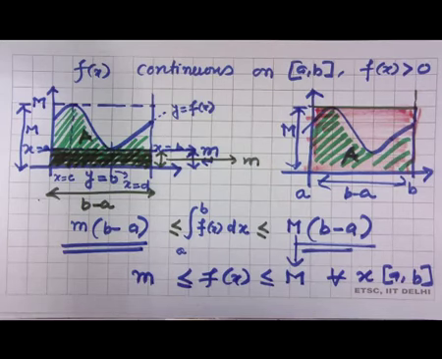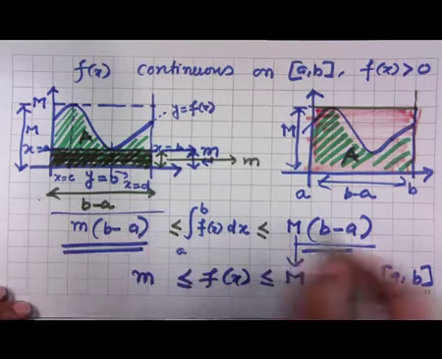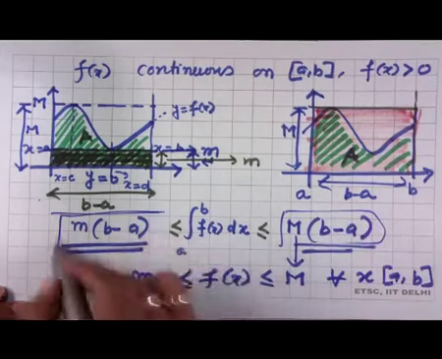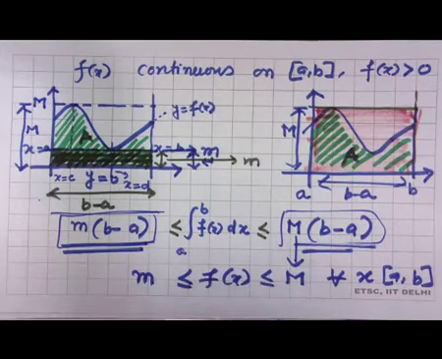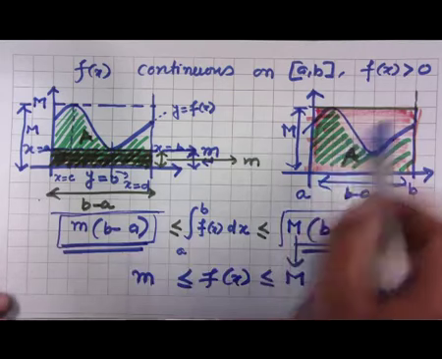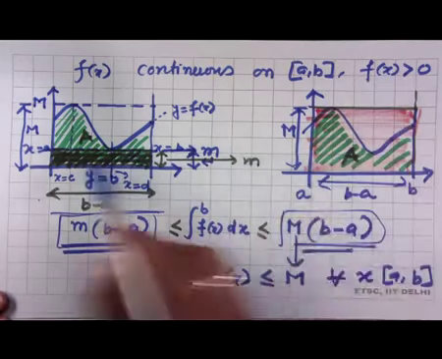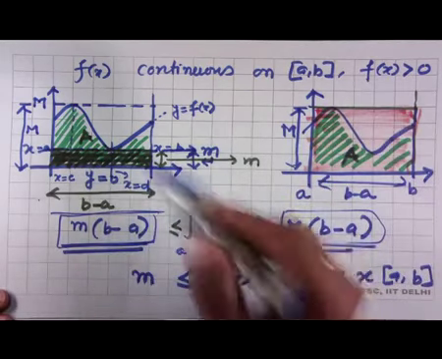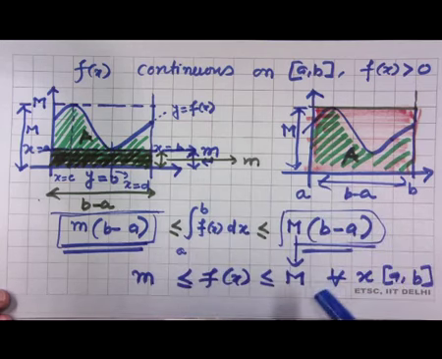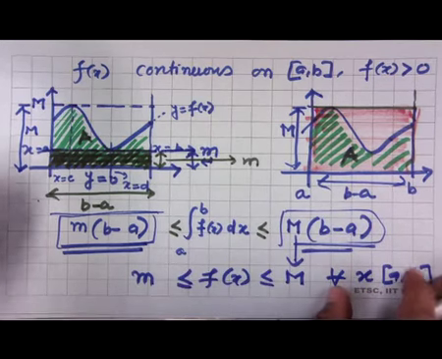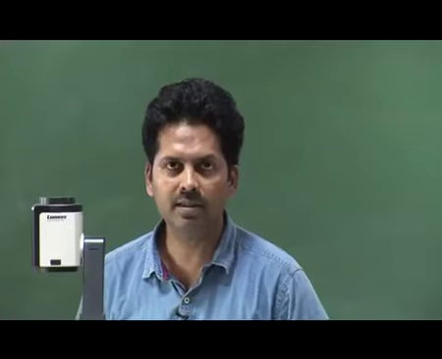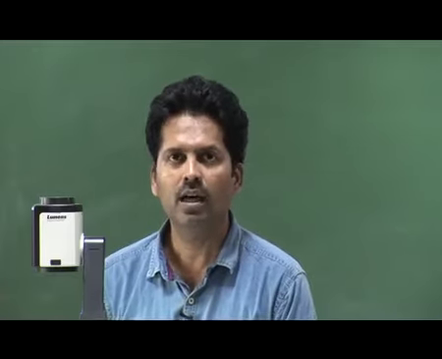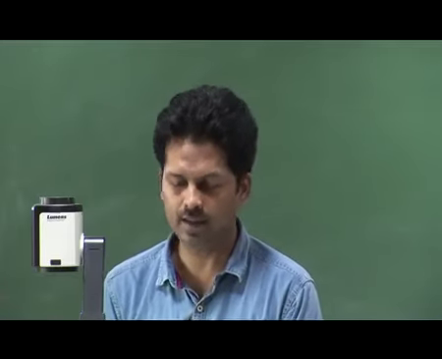Let us see one example of how to get these bounds of the definite integral from a to b of f(x) dx. We have done it for a continuous function, but you can very easily extend this logic to any function which changes its sign. So let us take an example and see how to find the bound of the definite integral.